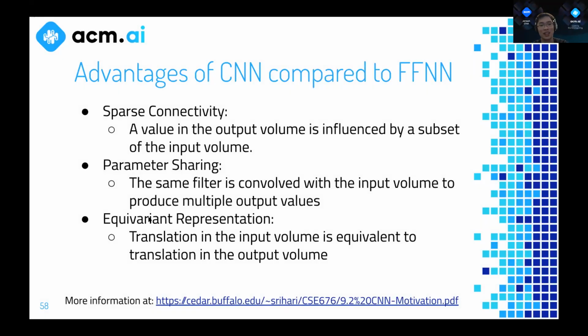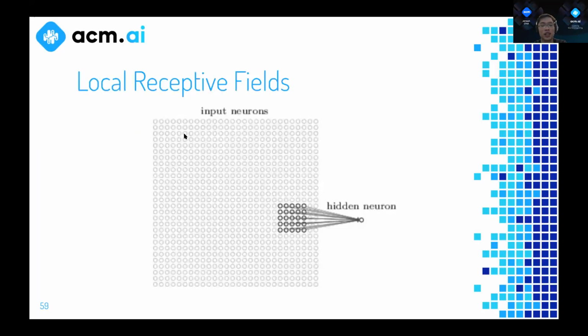And the last advantage is a little bit more subtle, but this is what we call equivariant representation. What I mean by this is that any translation in the input volume is represented by a translation in the output volume. Let's revisit this picture here.